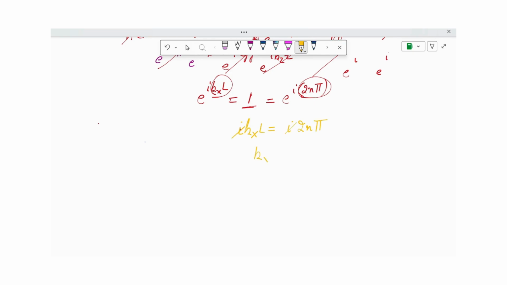So from here kx comes out to be 2n pi over L. Similarly, we'll get the expression for ky and kz.